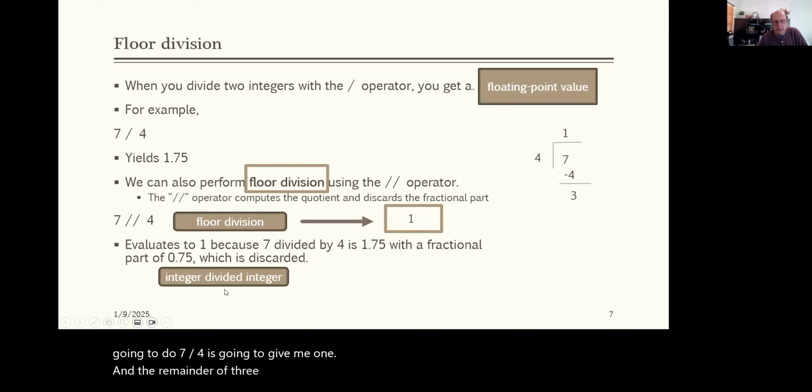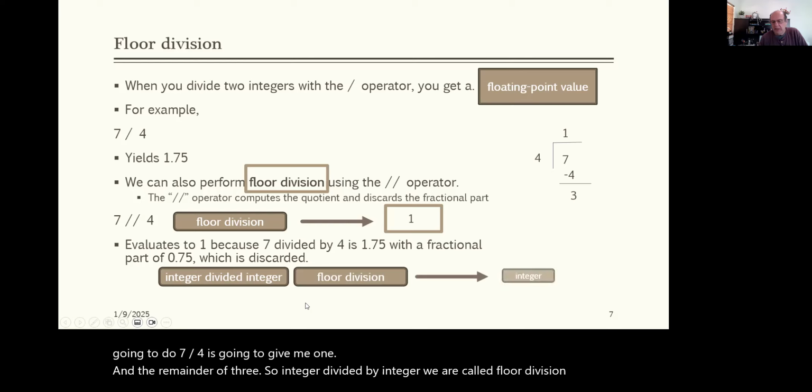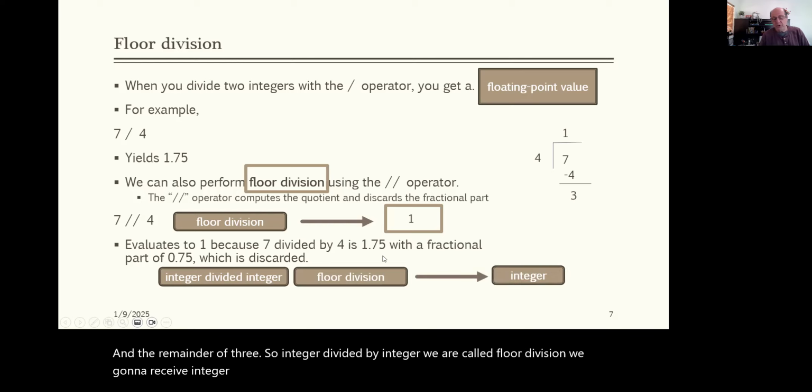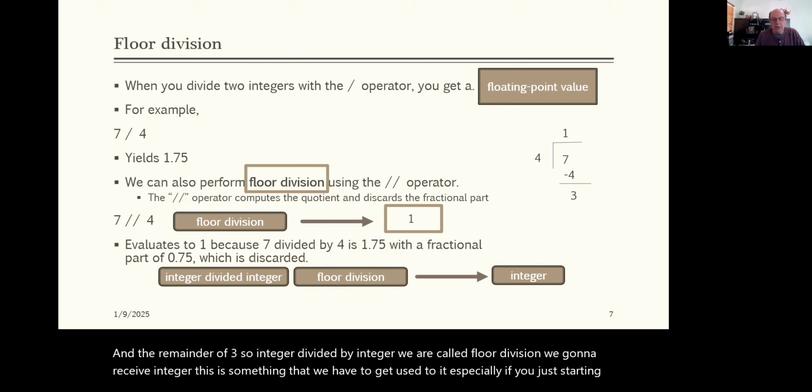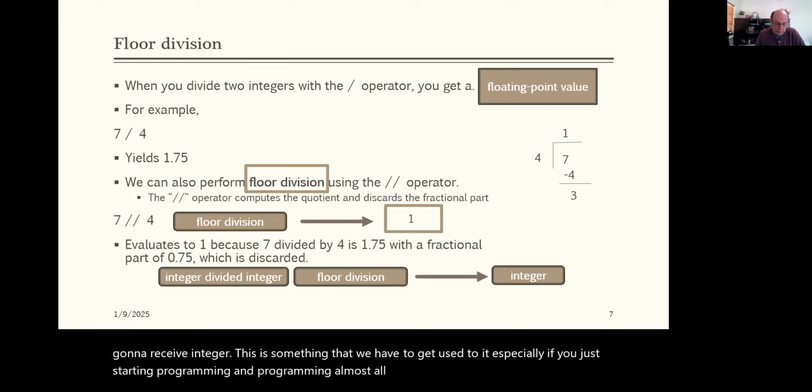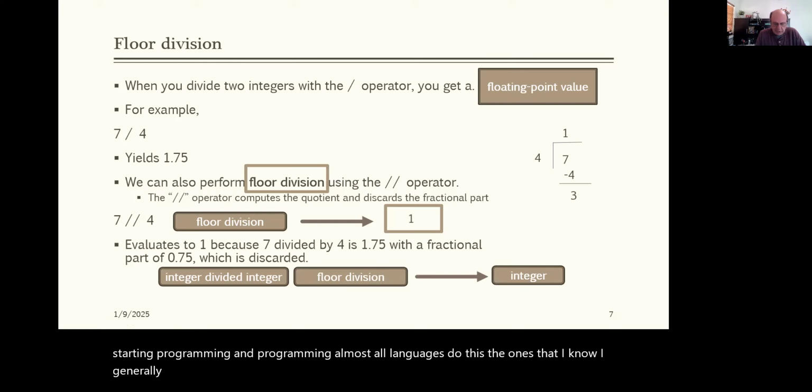So integer divided by integer, with floor division, we're going to receive an integer. This is something we have to get used to, especially if you're just starting programming. Almost all languages do this, the ones that I know. My background is C, C++, and Java.